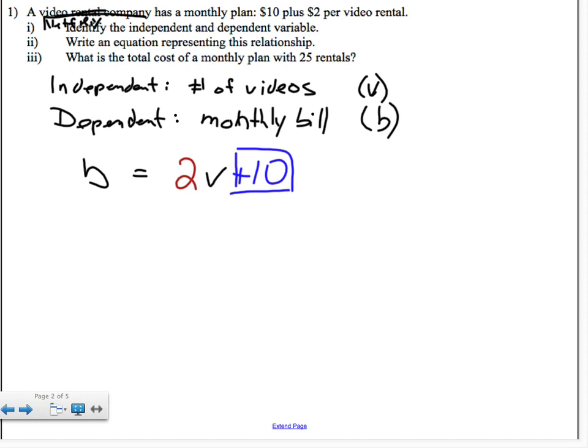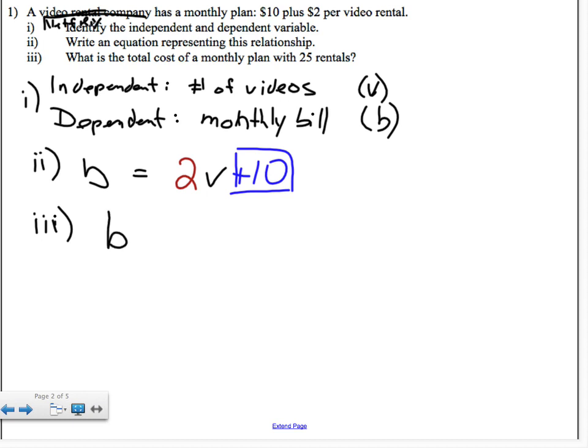So finally, question 3: what is the total cost if I watch 25 rentals? We'll work it out. This is why we have our equation.